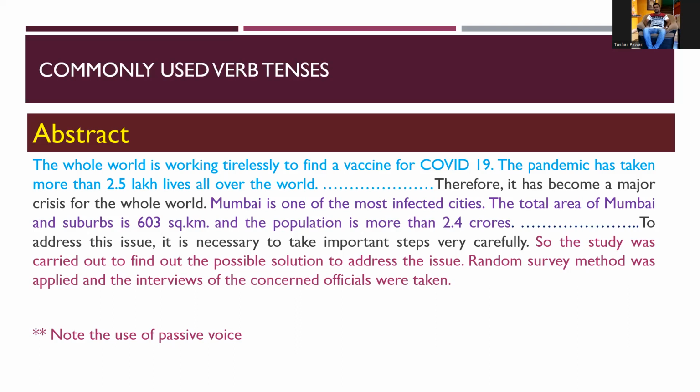"Mumbai is one of the most infected cities" is simple present. "The total area of Mumbai is" is simple present. "Study was carried out" is simple past. I'm concluding it, my study is already done, so simple past. "Random survey method was applied" is also done.